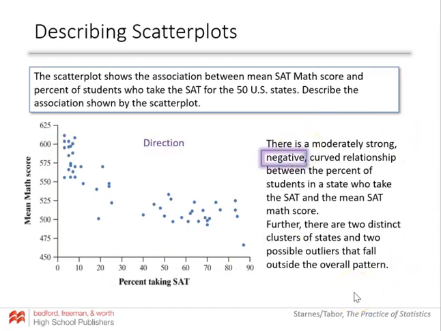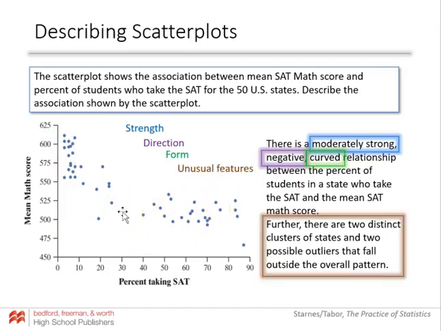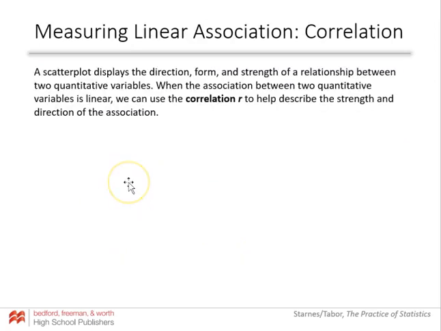It addresses the direction: this is a negative association. It addresses the form: this is a slight curve. The strength, we would call this moderately strong. It's not really perfect, but it's pretty good. And then unusual features, we have two distinct clusters with this gap in between them.